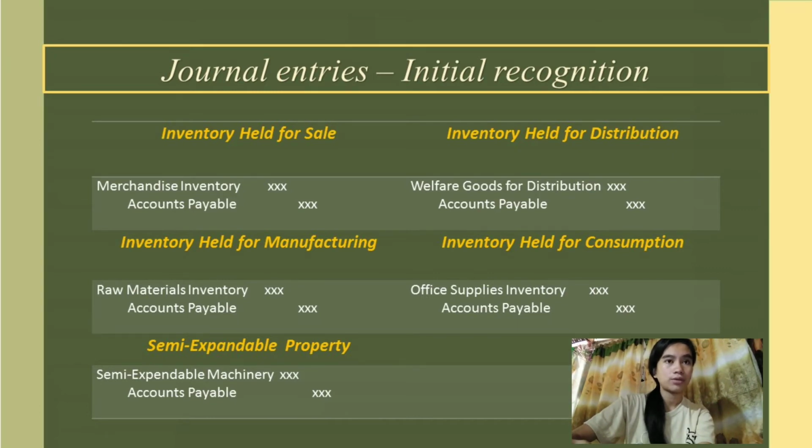For inventory held for sale we debit merchandise inventory, for inventory held for manufacturing we debit raw materials inventory, for inventory held for distribution we debit welfare goods for distribution, for inventory held for consumption we debit office supplies inventory, and for semi-expendable property we debit semi-expendable machinery.